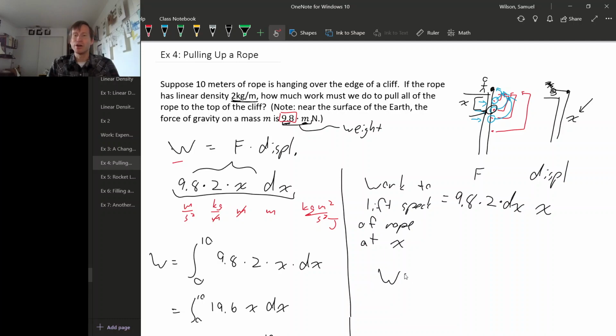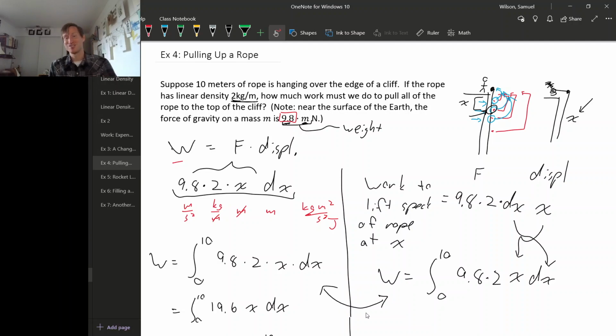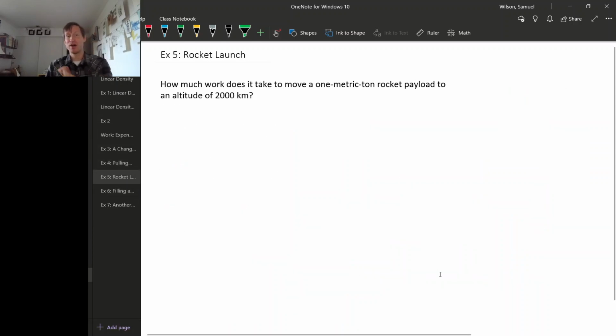So the total work is the integral, again from 0 to 10, of 9.8 times 2 times, I'm going to put up the x over here, times dx. You can see that whichever way you analyze this, you do get the same value for work, which is kind of nice. It's fortunate.